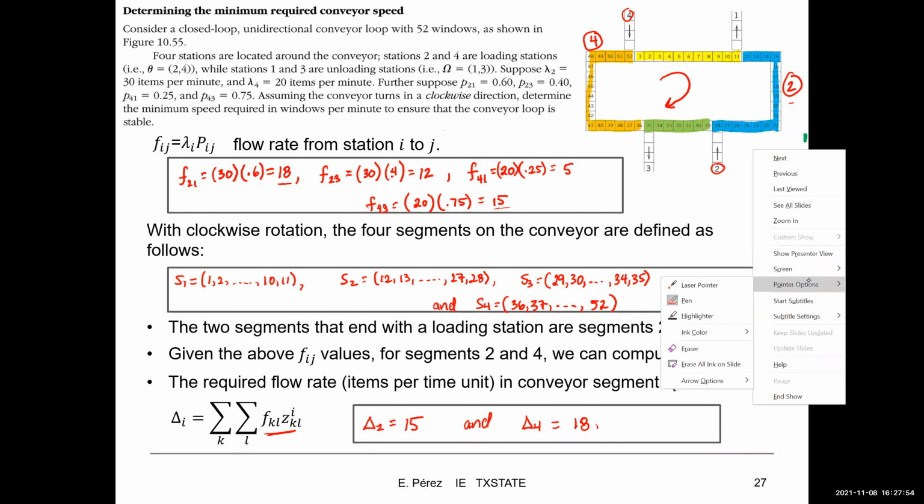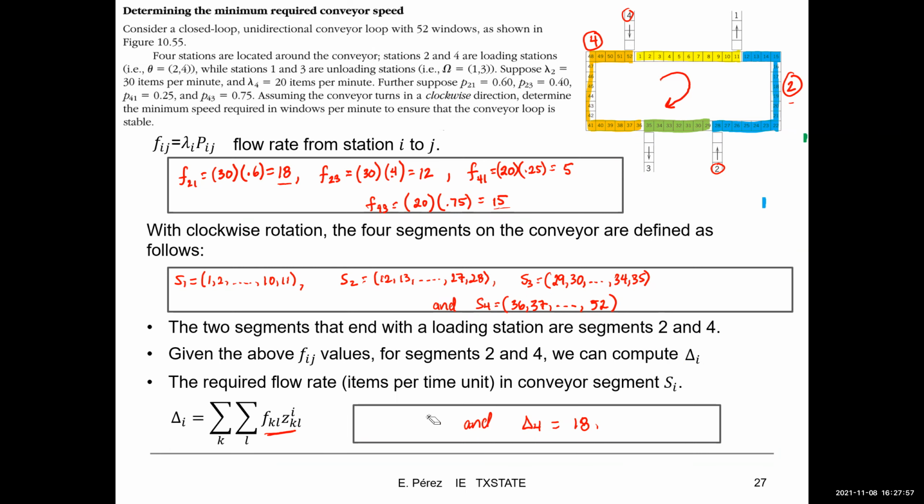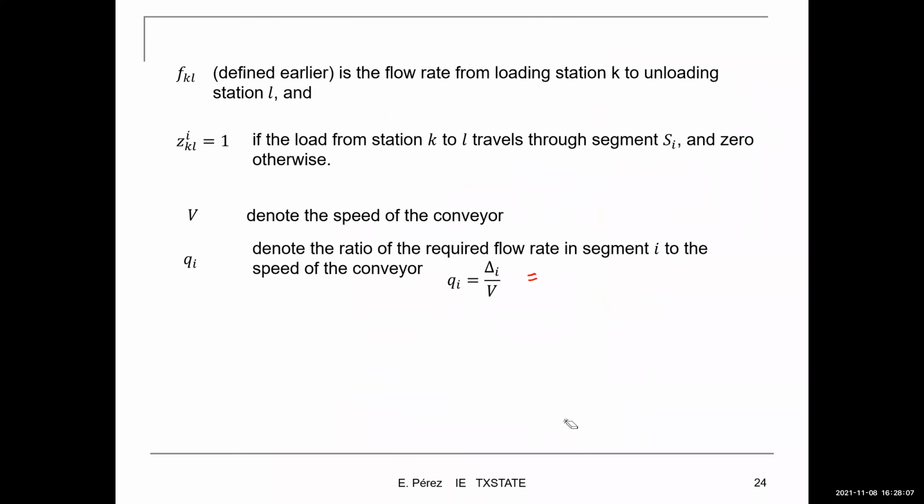And let's go back here. Okay, so let's go back to the description. Okay, Z equals 1 if the load from station K to L travels through segment SI and 0 otherwise. Okay, so we can do this for every segment, and you'll see how that looks in a minute.